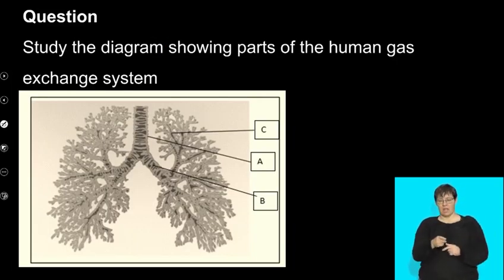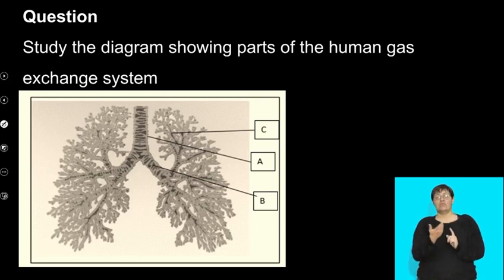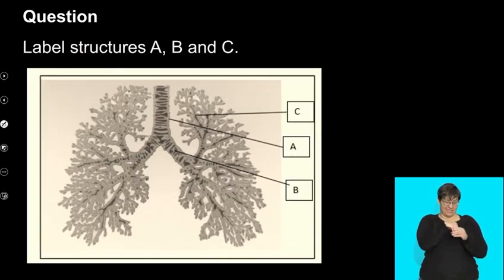Okay, here I'm given a diagram of a whole lot of branches. So it says, study the diagram showing parts of the human gaseous exchange. So it does tell me that I'm looking at something in the human gaseous exchange system. Okay, the first one, label structures A, B, and C. And again, it's leading to the structure of it.